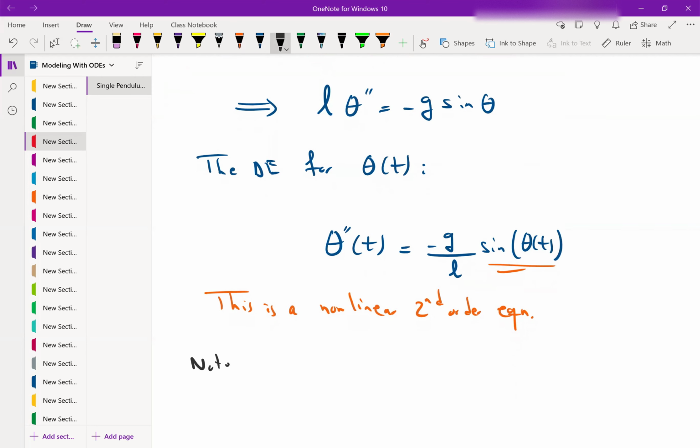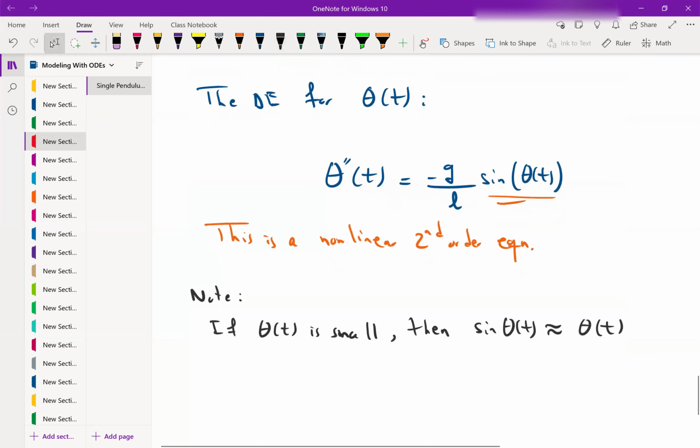Note, if theta of t is small, close to zero, then sine of theta of t is approximately equal to theta of t. This is based on Taylor expansion. If you know the Taylor expansion of sine, when theta is very small, the sine of theta of t is approximately equal to theta of t.